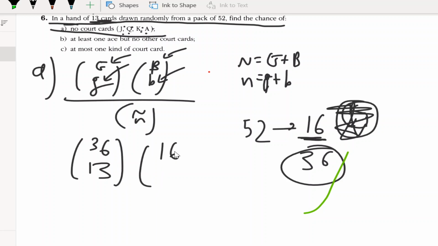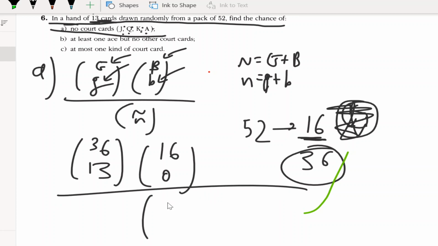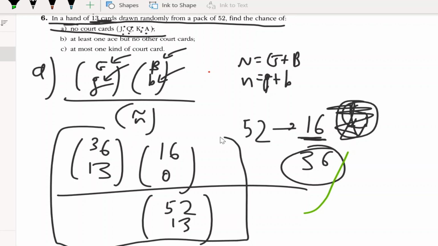Then we have 16 bad cards in total, but we want to draw 0 of them. So big B is 16, little b is 0. And we'll divide all that by big N, which is simply 52. And our little n is just the total of these, so it's just 13. Yeah, so that would be our answer for part A, the probability of no court cards.